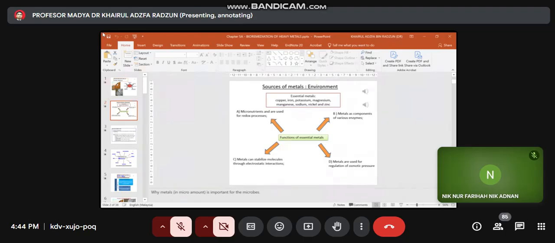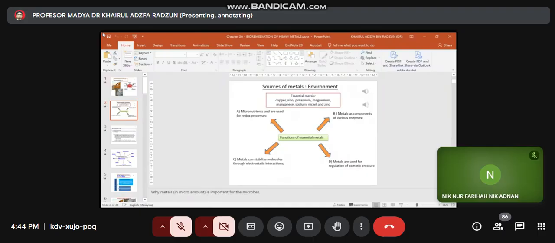And then D, metals are used for regulation of osmotic pressure. In order to maintain the pressure within the cell, which we call osmotic pressure, and to avoid plasmolysis and also crenation. So this osmotic pressure regulation is very important, and the ions of these metals are important to ensure the osmotic pressure, meaning the concentration of the salts.